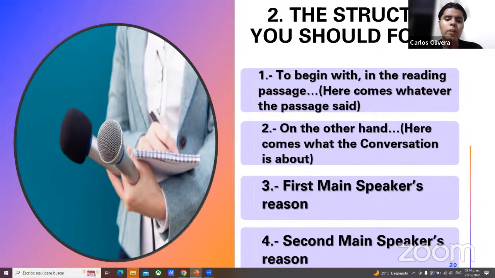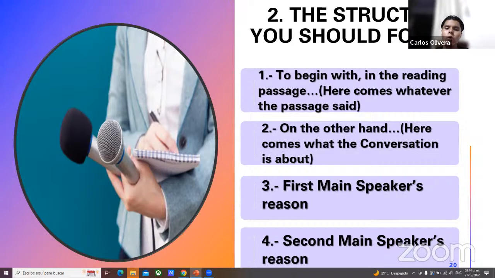And notice that in this case, what I'm doing is I'm summarizing the reading passage, but very superficially, right? I'm summarizing it actually in one very short sentence. I'm not having a chance here to summarize it in 30 seconds, in 15 seconds, in 20 seconds. No. And I'm doing this on purpose, by the way. If you noticed in both of my responses, my summary of the reading passage was considerably shorter than my summary of the conversation or the listening part.